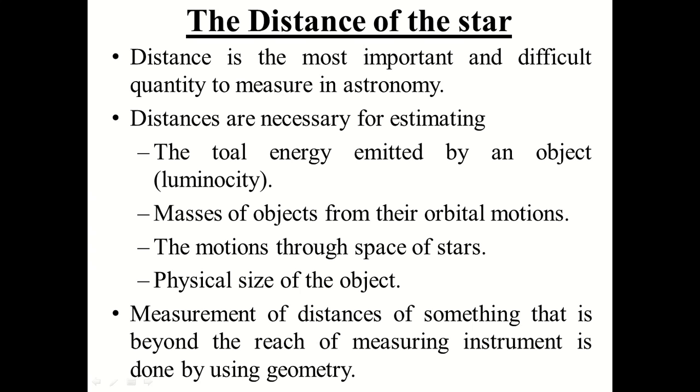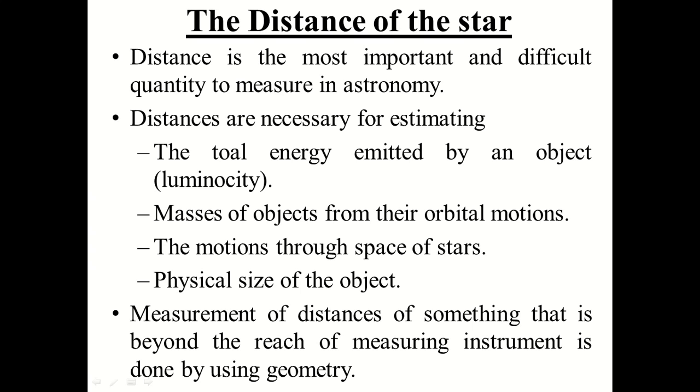Anyway, to estimate the luminosity, to estimate the mass of the object, to estimate the motions of the stars through space, and to estimate the physical size of the object, we need the measurement of distance.